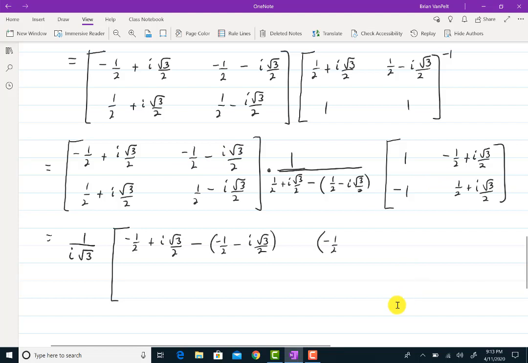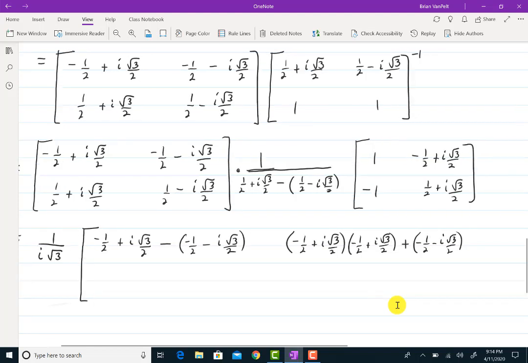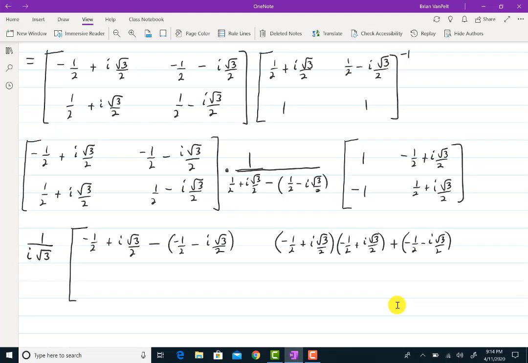Negative 1/2 plus i radical 3 over 2 times negative 1/2 plus i radical 3 over 2, plus, and then we have negative 1/2 minus i radical 3 over 2 times, oh look, I can go over more, good, 1/2 plus i radical 3 over 2.